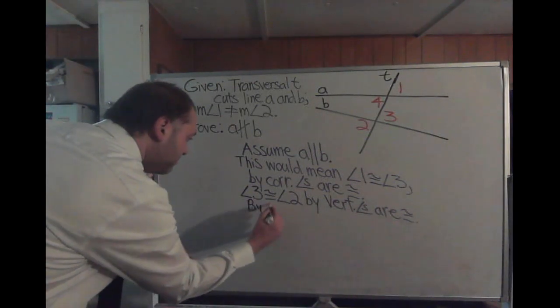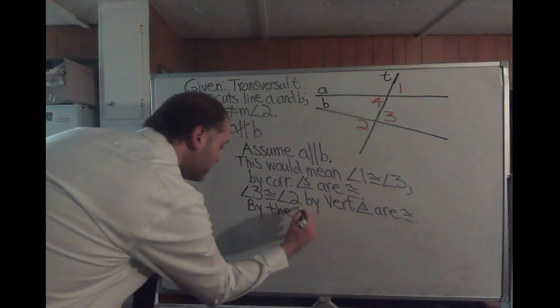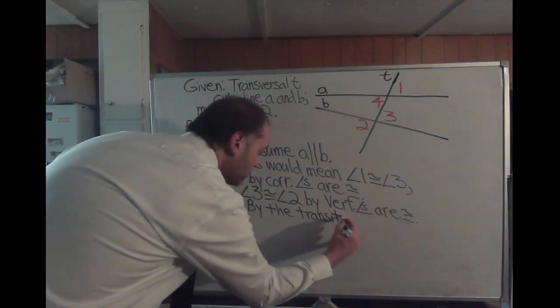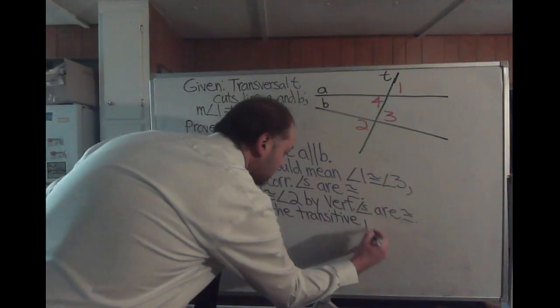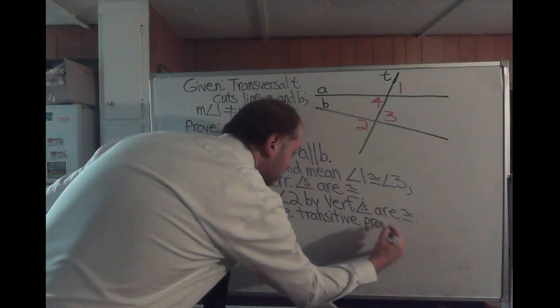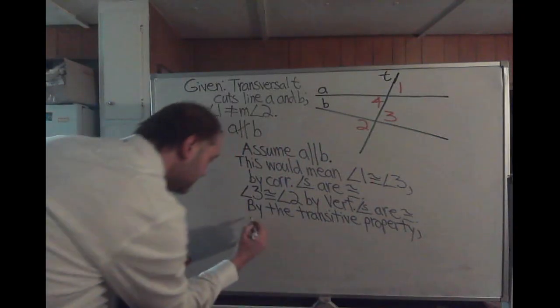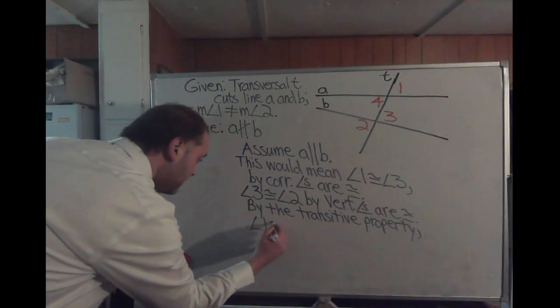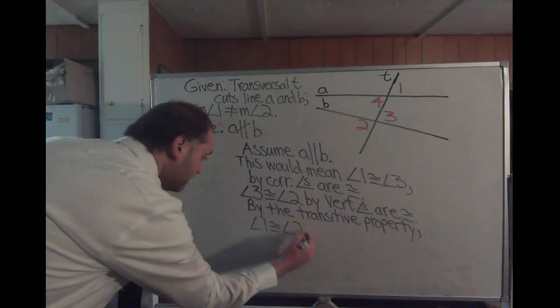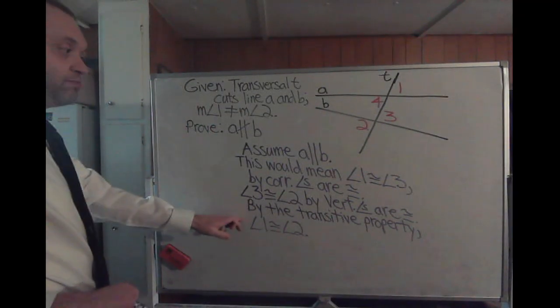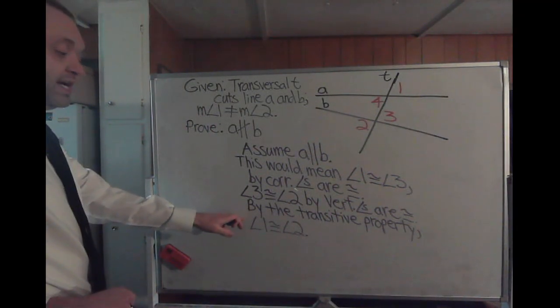Then we could say by the transitive property, angle 1 is congruent to angle 2. Now you see the contradiction. By the transitive property, we could say angle 1 is congruent to angle 2.